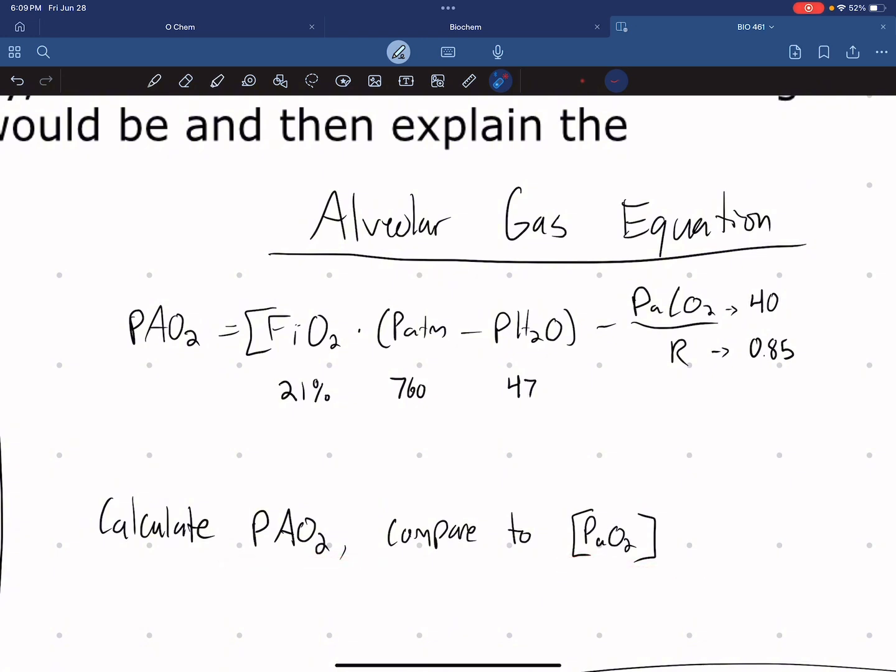But if everything is working well, then these two things will be the same. And so that is what helps us to know that our gas exchange is working properly because of math, because we're unable to have a probe and test each alveoli because that would be too painful and too difficult. So we turn to this equation in order to calculate if our gas exchange is happening properly.